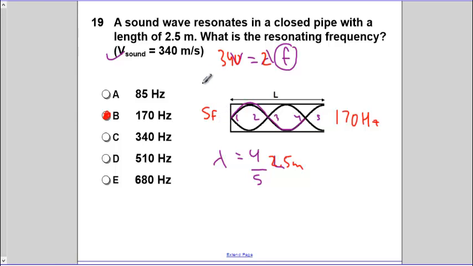This will also sing at 3F and 5F and 7F and so on. So if this is 5F, the fundamental frequency would be 170 hertz divided by 5. It would be 1/5 that original value, and so on.